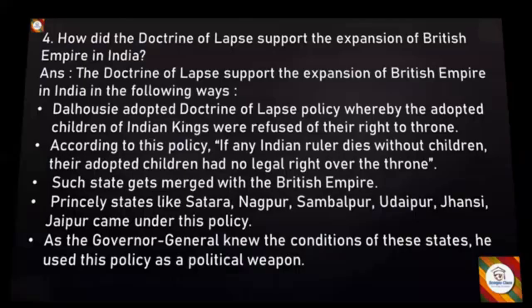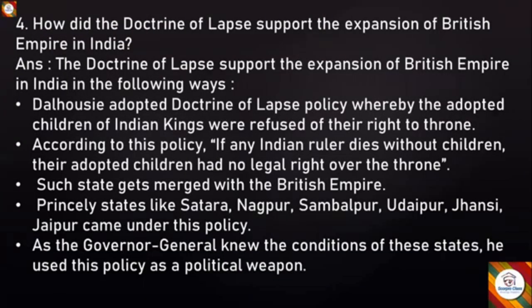Next question. How did the doctrine of lapse support the expansion of British Empire in India? Answer. The doctrine of lapse supported the expansion of British Empire in India in the following ways.